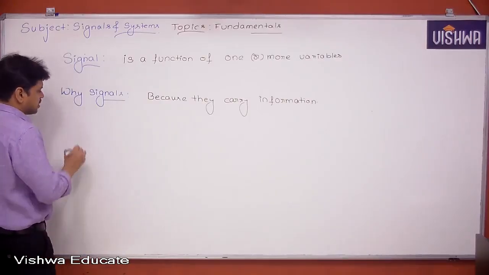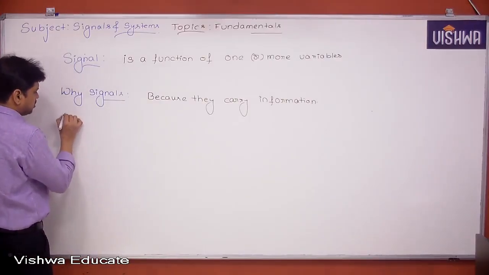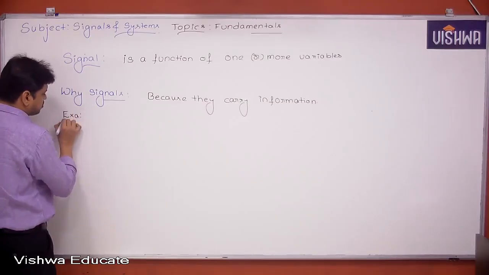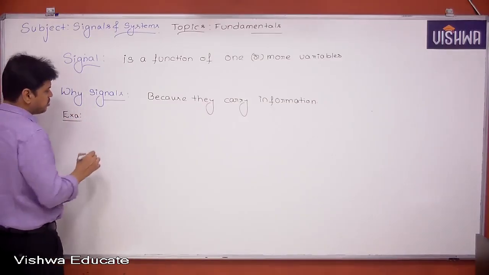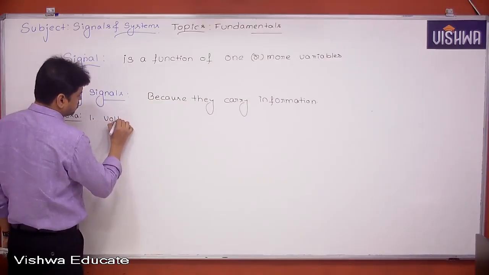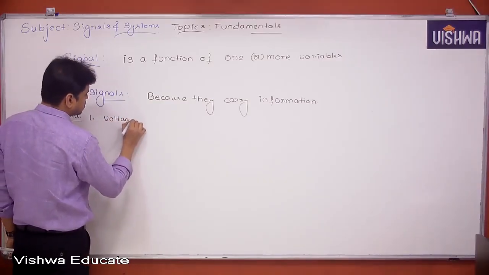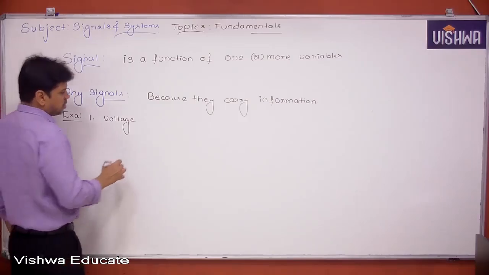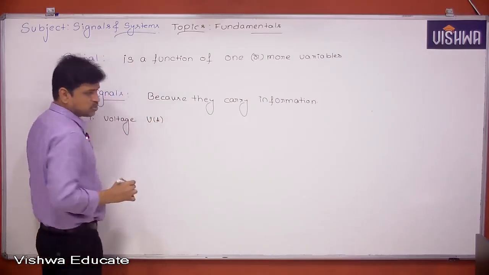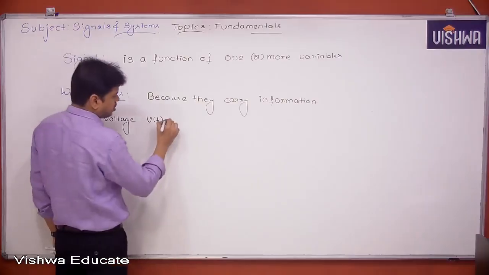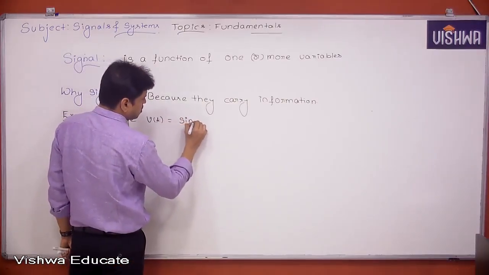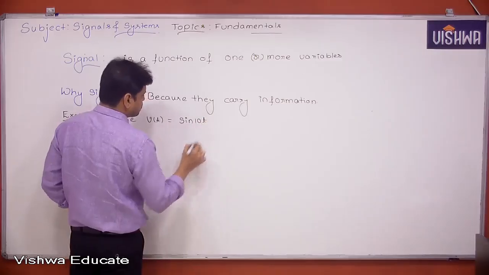So let's see some examples so you can understand easily. The first example, a voltage signal, simply a voltage waveform. If I say V of t, voltage which is varying with respect to time, let's call it sine 10t.